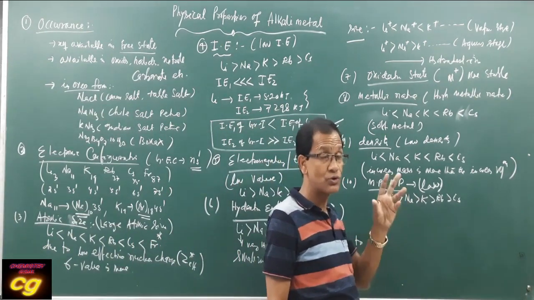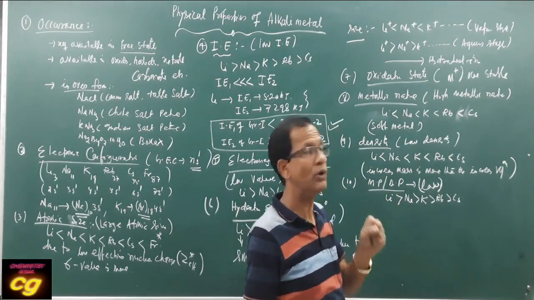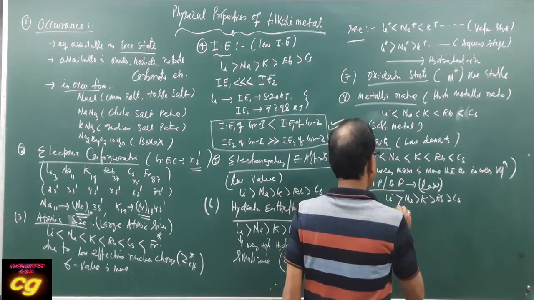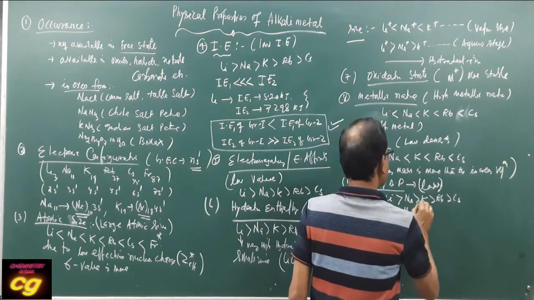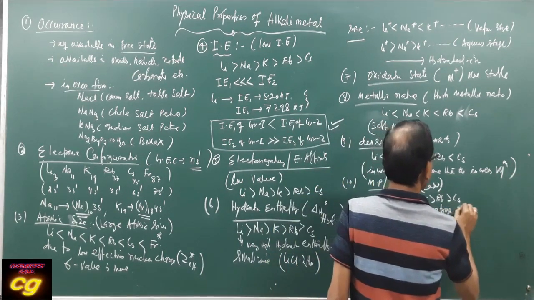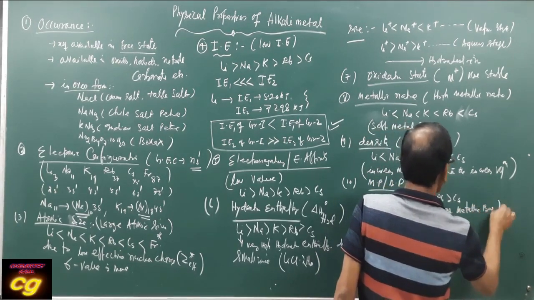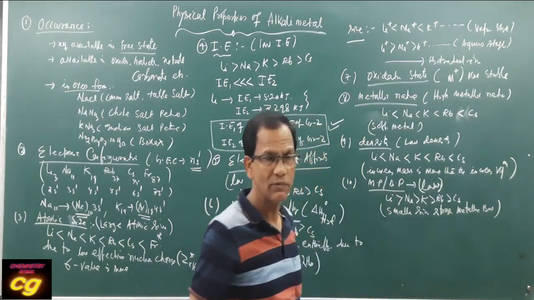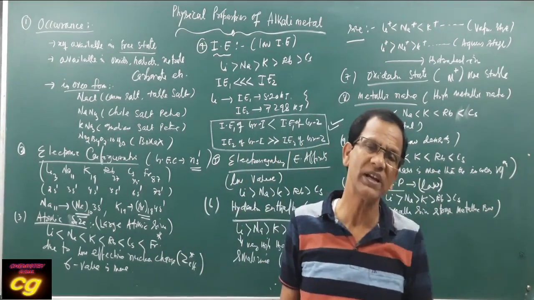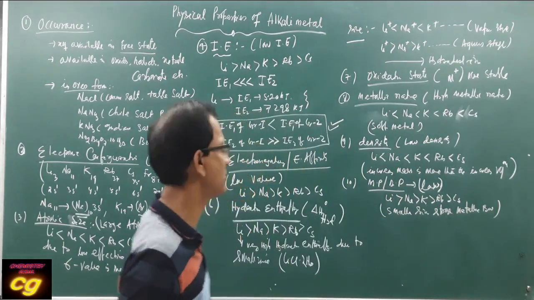Due to strong metallic bonding. Smaller size means better close packing and stronger metallic bond, hence high melting point and boiling point. This is the concept.